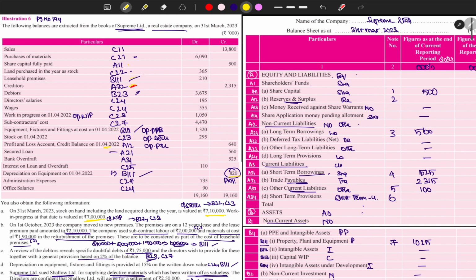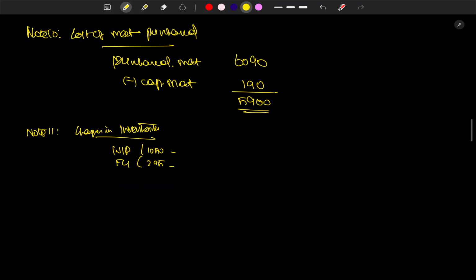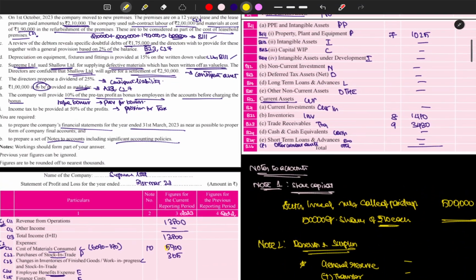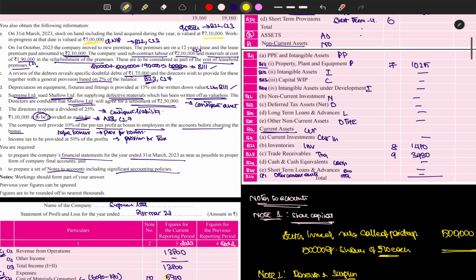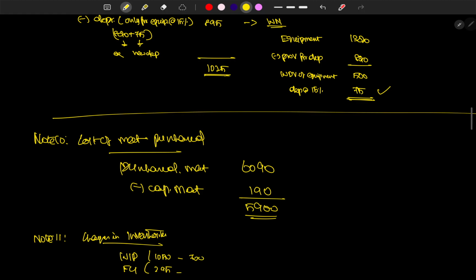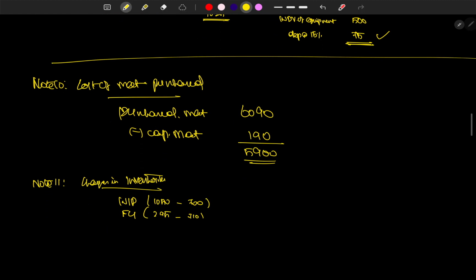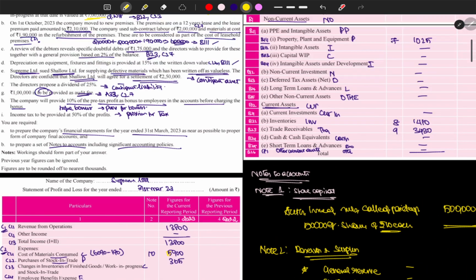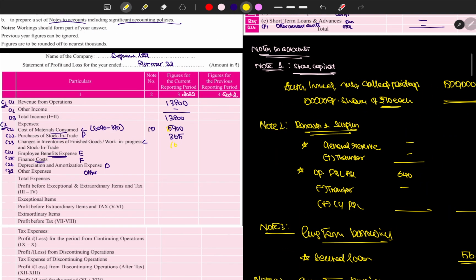Opening value is 1,050, 295. Then closing value is 700, 710. 1,050 minus 700 is 350. Then 295 minus 710 is minus 415. So plus 350 and minus 415 gives 65, a negative balance, minus 65.